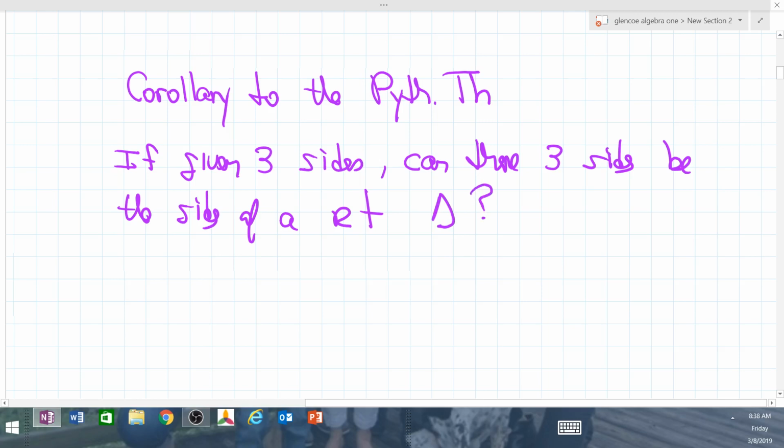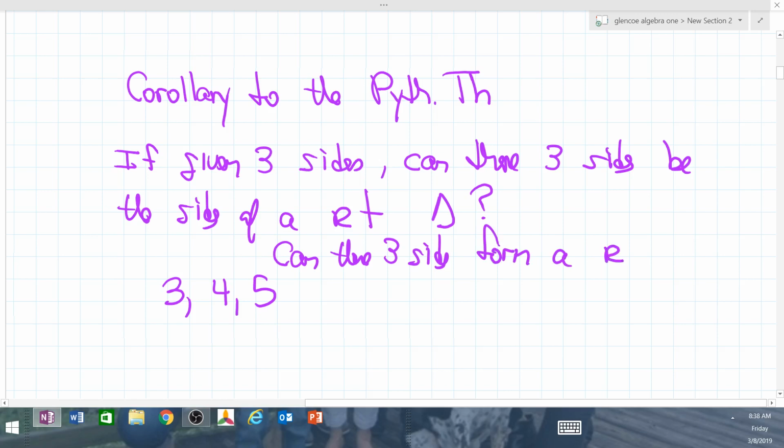Okay, so let's take a really easy example. We remember what we talked about. We said that in a right triangle, the longest side is always the hypotenuse. So if I gave you these three sides, 3, 4, and 5, and I asked, can these three sides form a right triangle?